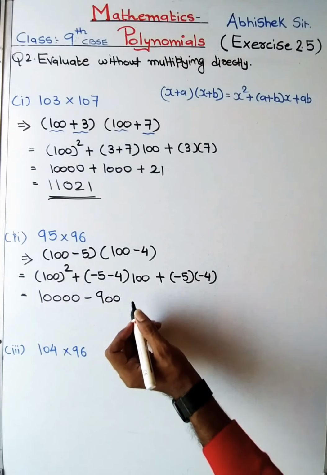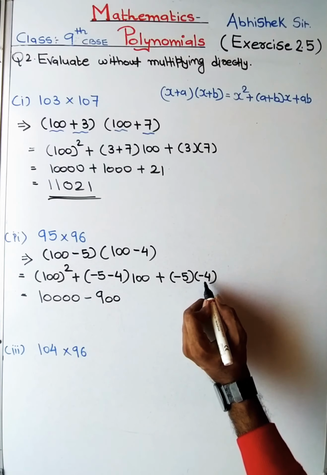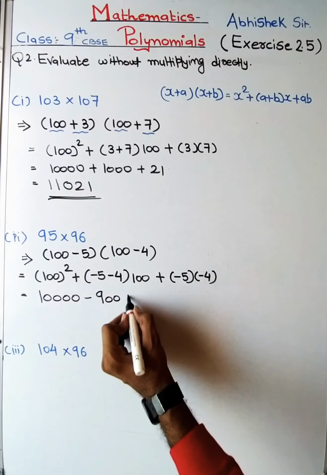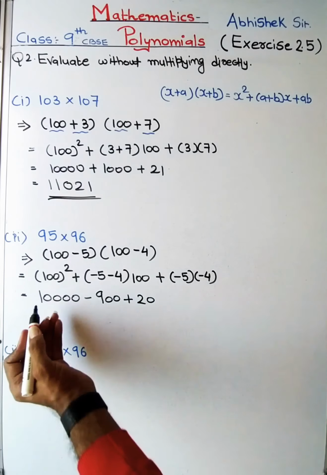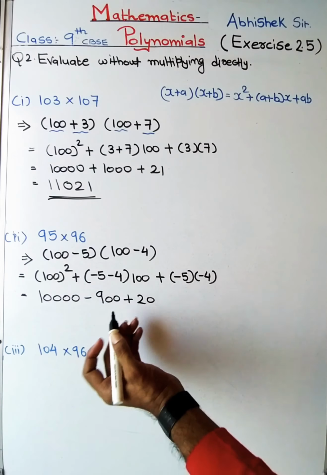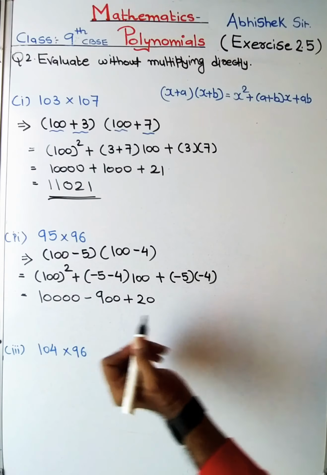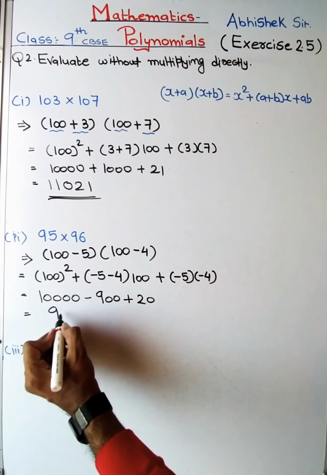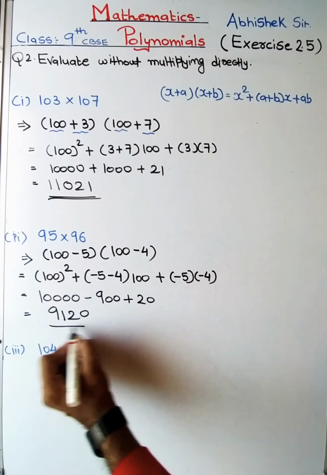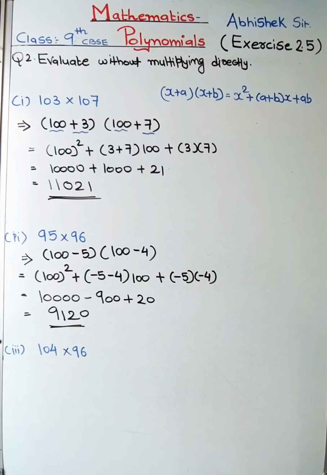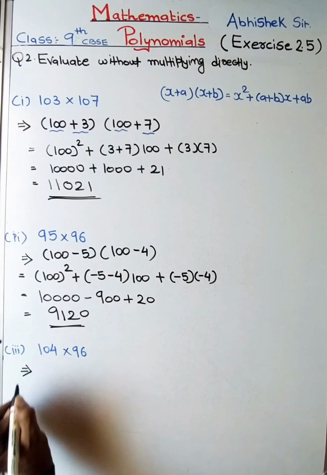Clear? And minus minus plus, 5 fours are 20. Clear? 10,000 minus 900, that is 9,100, and plus 20, that will give 9,120 as the answer.